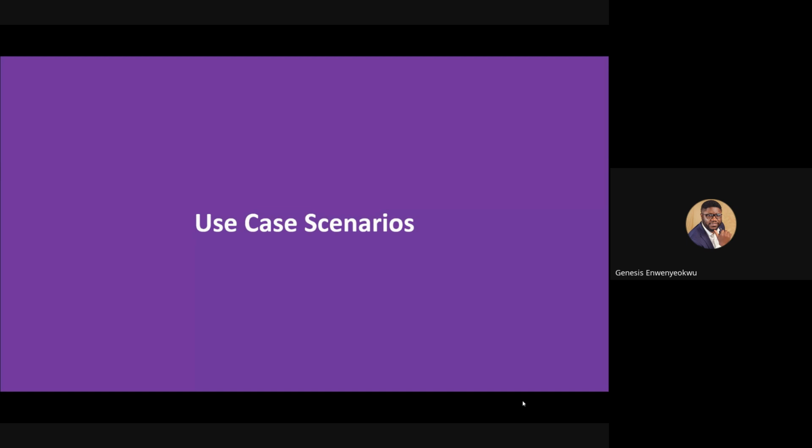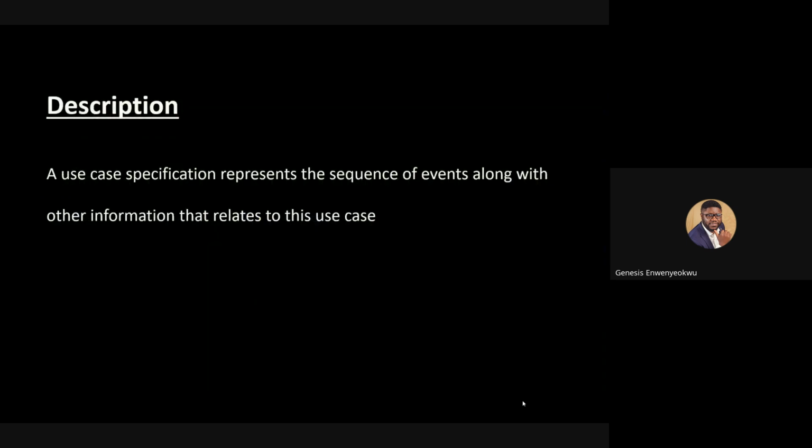So we are going to start with use case scenarios, right? And use case scenarios, so I can say use case scenarios or use case specifications, okay? They all mean the same thing. Use case specification represents the sequence of events along with information that event has to do with. What do I mean?